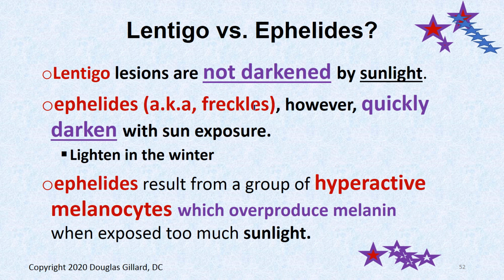In the summertime, they look exactly the same. But when Junior, with some nice freckles here under the eyes, in the winter they're light brown. When he goes out in the summer, they turn black. So that's one of the best ways to tell the difference between Ephelides and Lentigo. Ephelides, freckles, quickly darken with sun exposure.